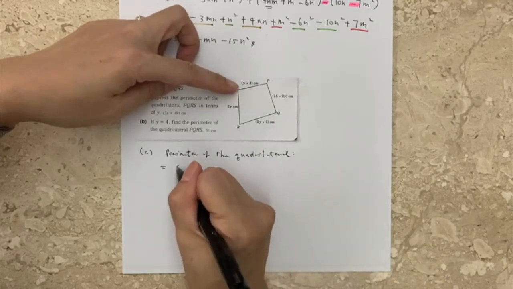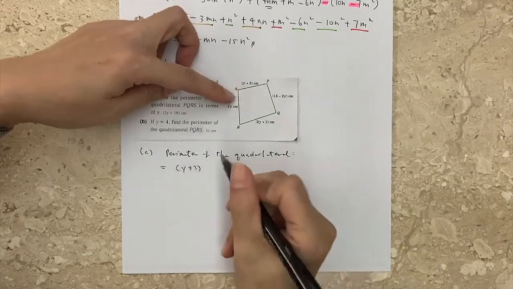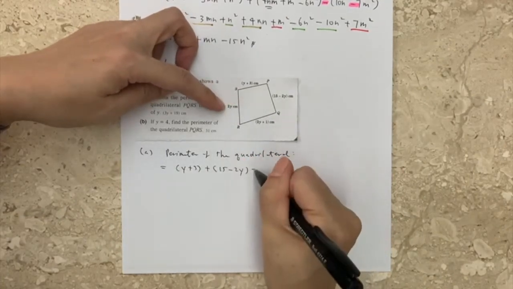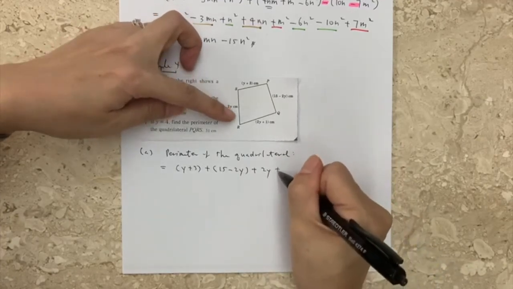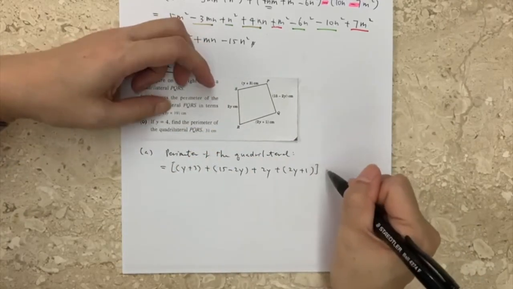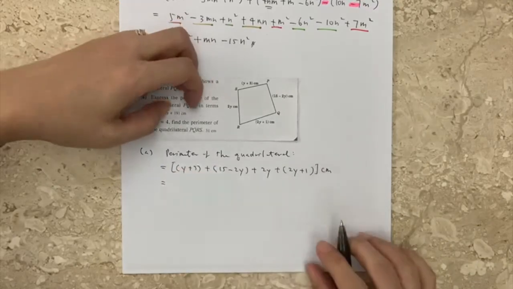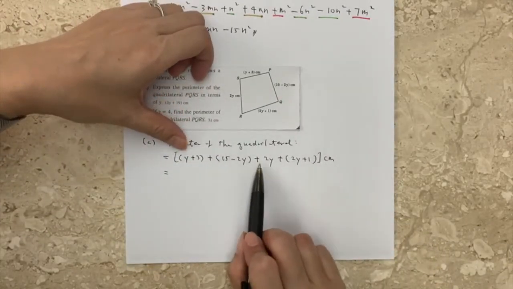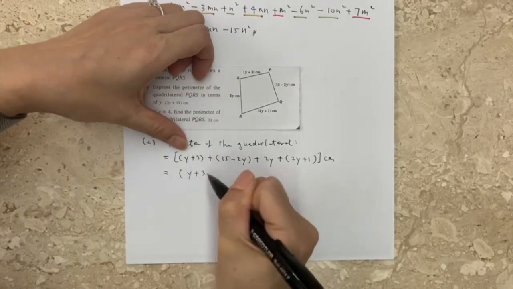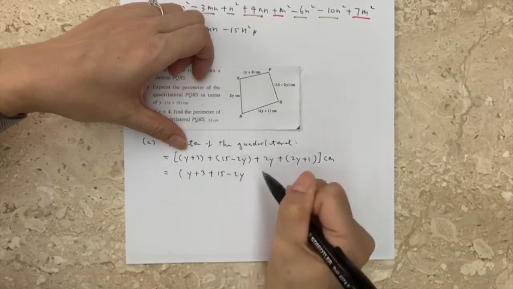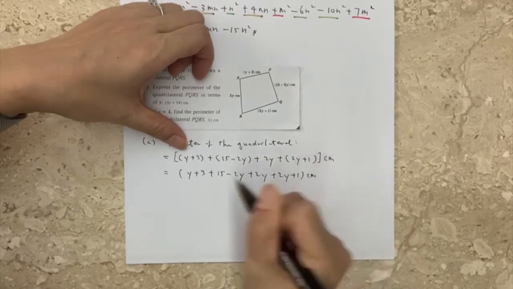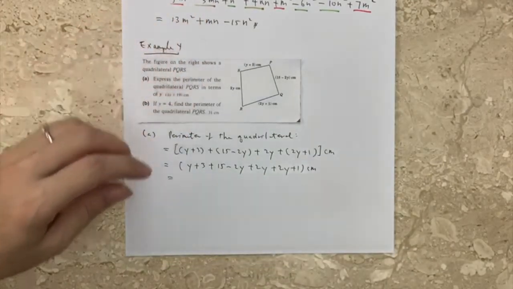The first thing I have is y plus 3, and then plus 15 minus 2y, and then plus 2y, and finally plus 2y plus 1, and we have units in cm. Because this is all addition, I just remove the brackets. So y plus 3 plus 15 minus 2y plus 2y plus 2y plus 1 in cm. Okay, let's see how many y we have.